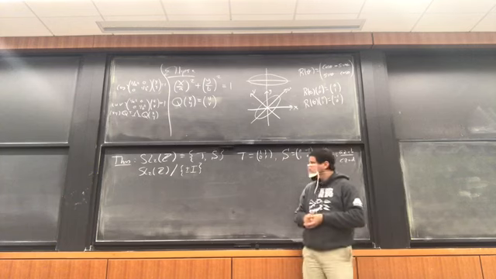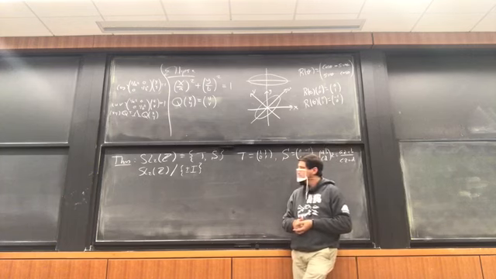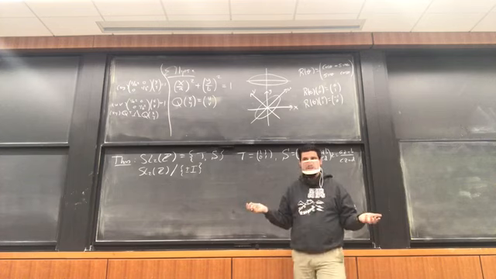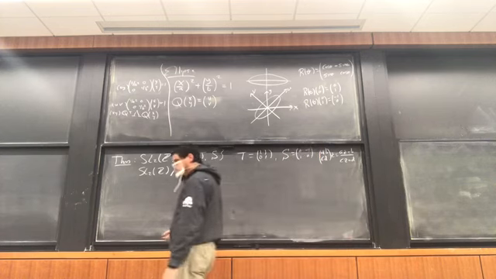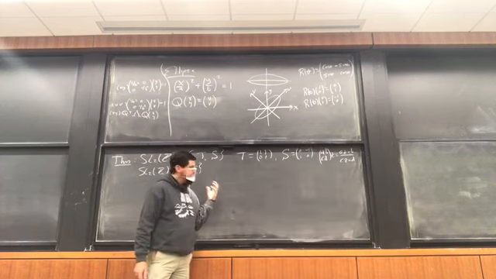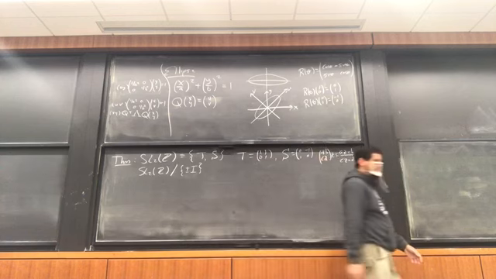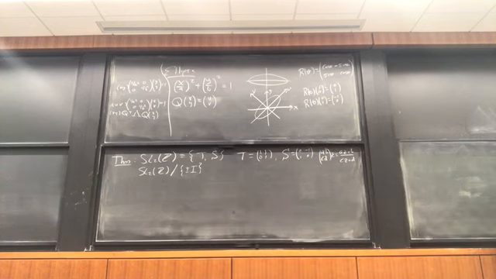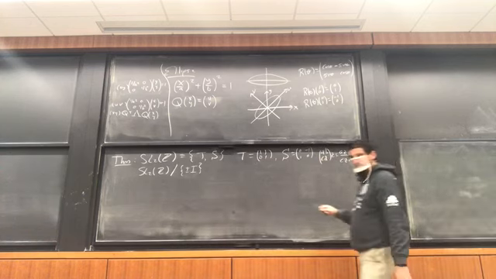Okay, so I want to prove that SL2Z is generated by T and S. That means we can have any word in T's or S's. So the first thing we should think about is, what are the inverses of T and S? So what is T inverse?